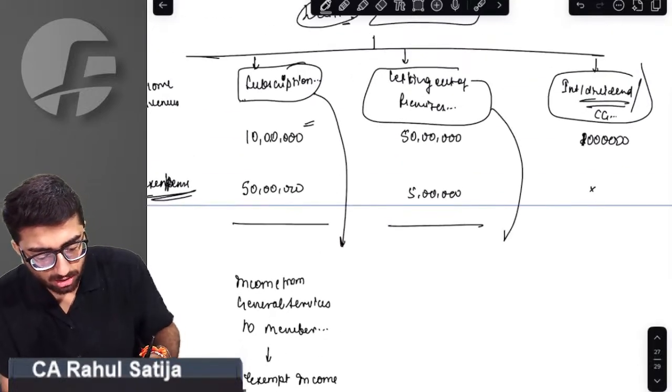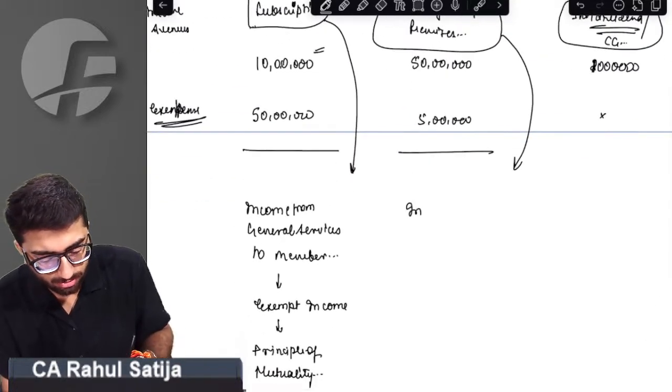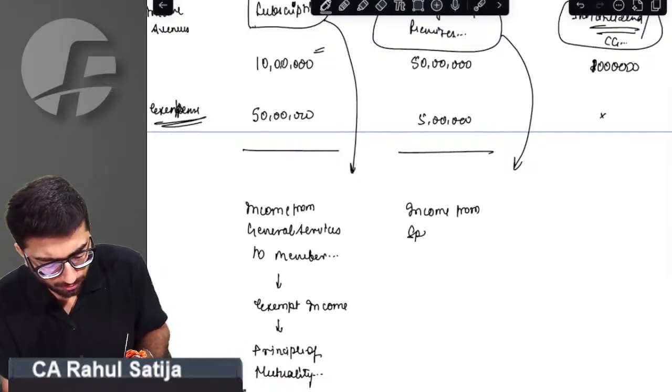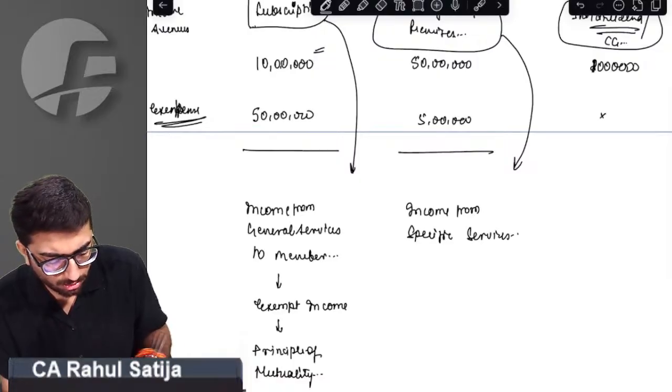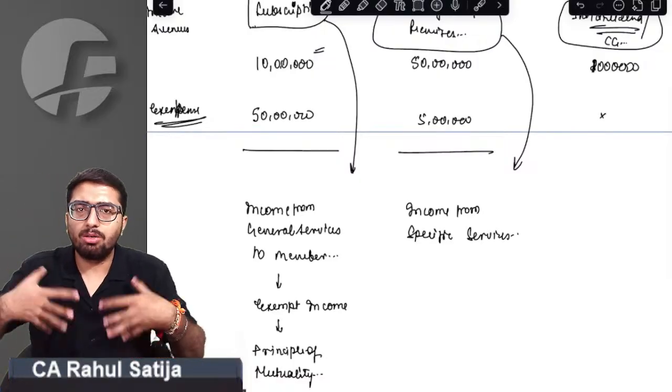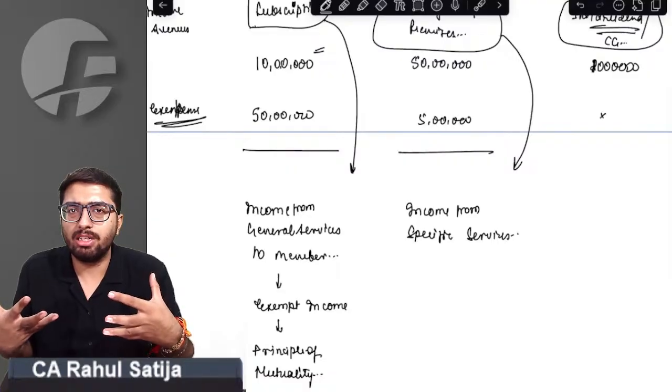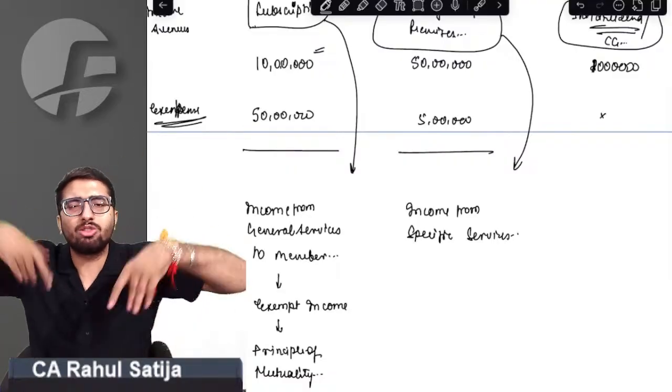So the second thing is called income from specific services to the members. Whenever a trade association is giving ground services, it is general, open for all.